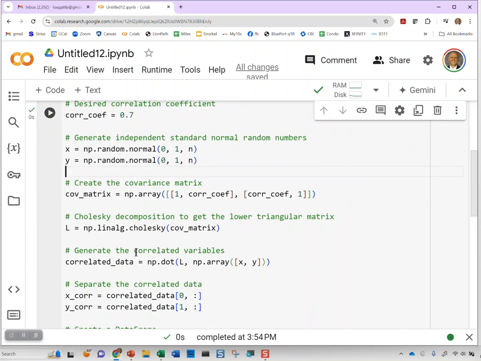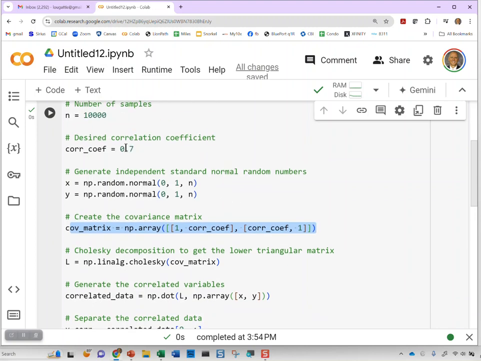And then what the model does, it actually generates random standard normal variables. This is just generating an array of a bunch of standard normal random variables like we did in the first model that we just talked about, uncorrelated. And then it creates a covariance matrix, which is pretty easy for this one because it's just two numbers, so it's just 1.